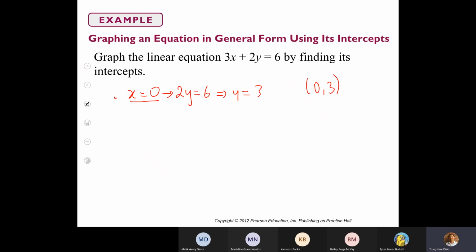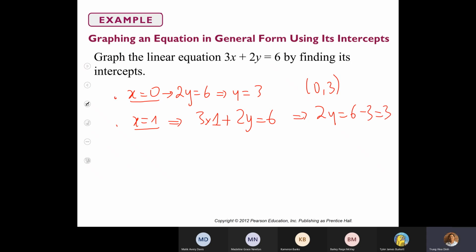You don't have to choose y equal to 0. You might choose x equal to 1. Let's do it, right? It's okay. x equal to 1. You have 3 times 1 plus 2y equal to 6. That is your choice. You solve for y. So you get 2y equal to 6 minus 3, equal to 3.